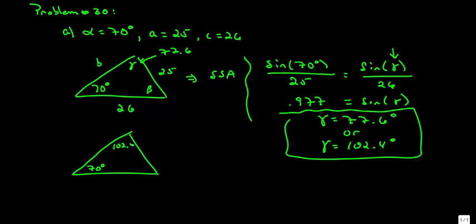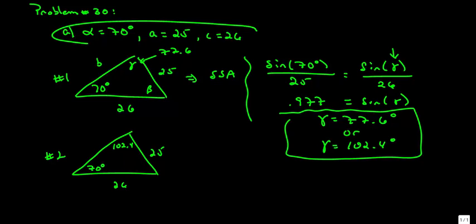Triangle number 1 satisfies this initial set of conditions. Triangle 2 also satisfies that initial set of conditions. So there are 2 triangles out there that are possible solutions for what we originally started with.